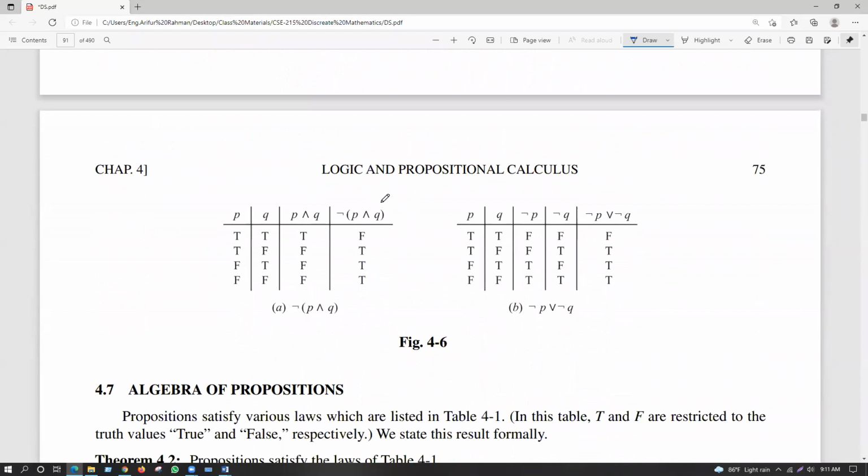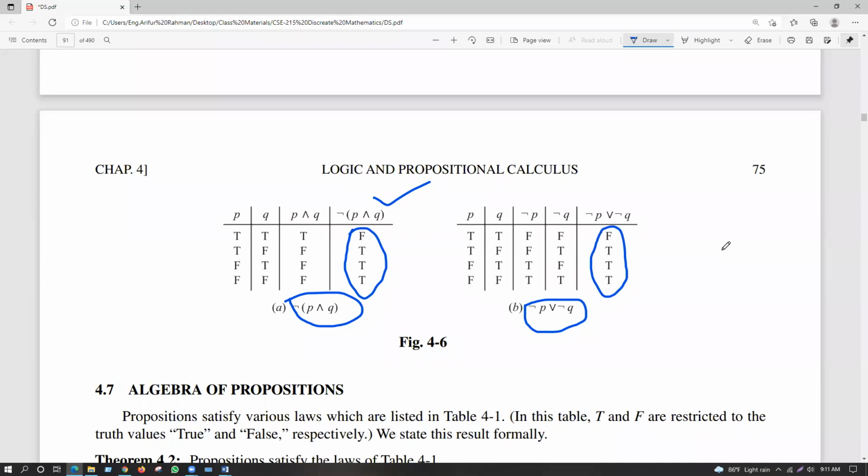Let's look at these two truth tables. This is the truth table for this expression, not (P and Q), and this one is not P or not Q. Look at the last column. Those are identical, right?